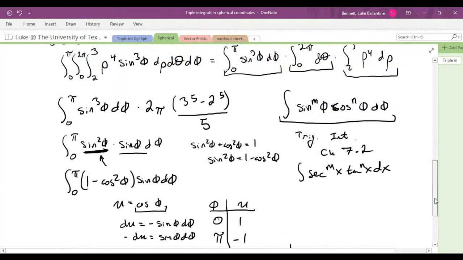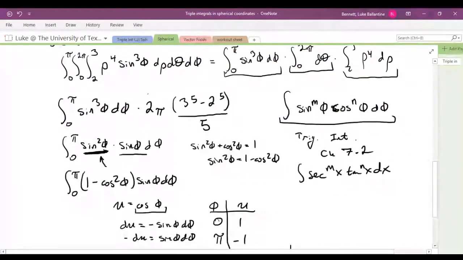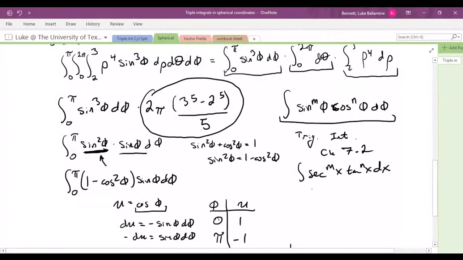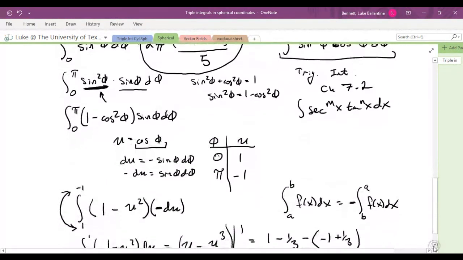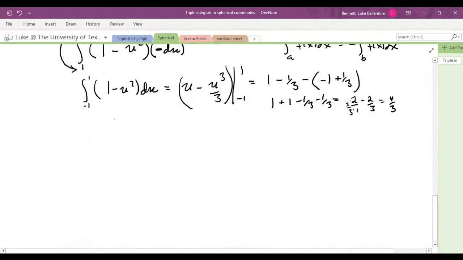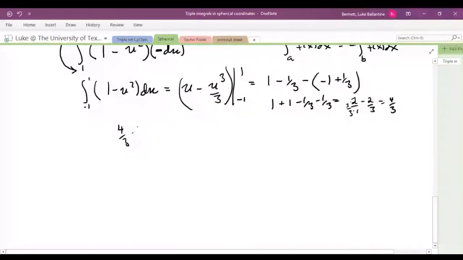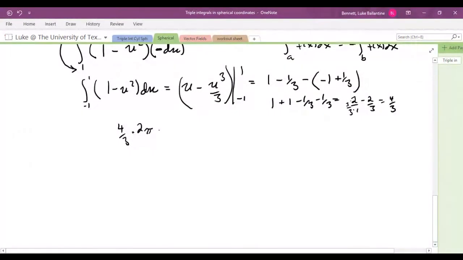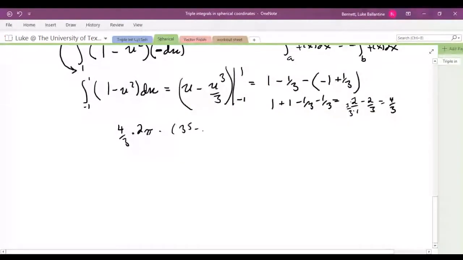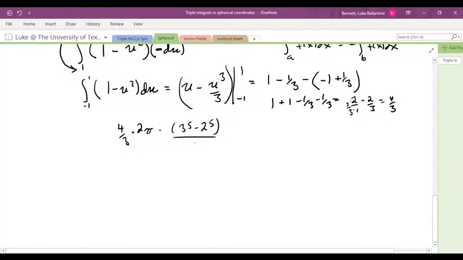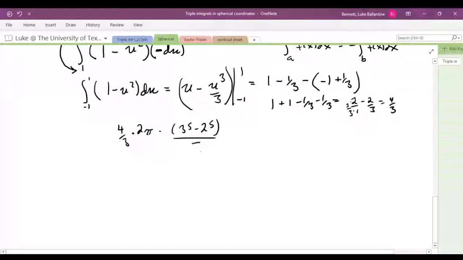And then we're multiplying by this animal right here: 2 pi, 3 to the 5th minus 2 to the 5th over 5. And we get some really big number. So we get 4 over 3 times 2 pi times 3 to the 5th minus 2 to the 5th over 5.